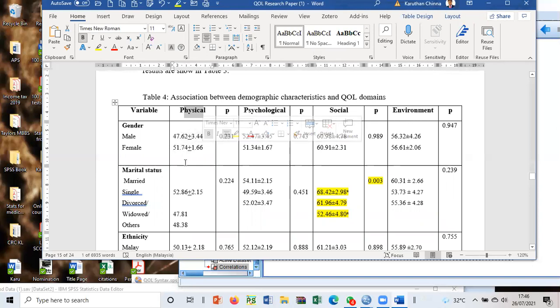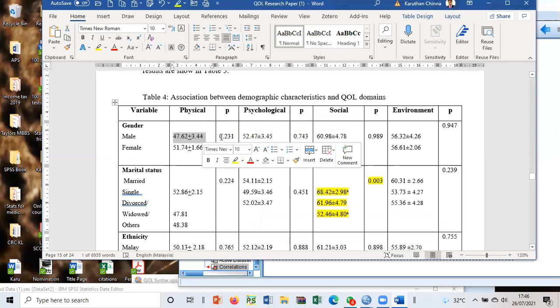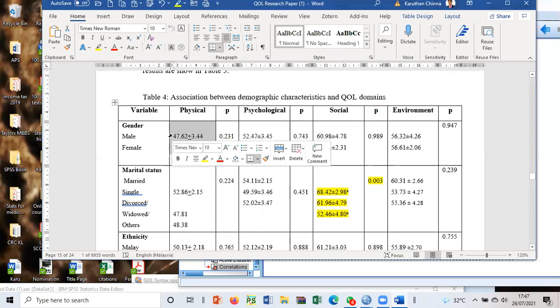Most males are working, so you may expect that, and then explain why. As the literature said, physically males are better than females. Even though in my study I didn't find anything significant, females were better off compared to the males because most of the females were housewives. Males had to go out to work. So naturally, that could be a reason why the physical is lower.